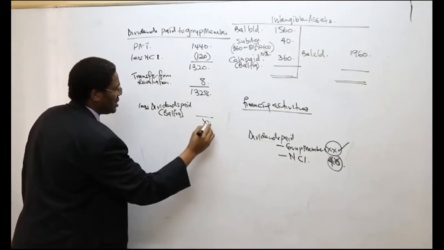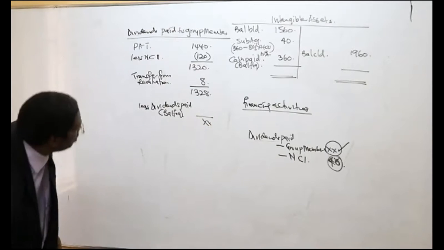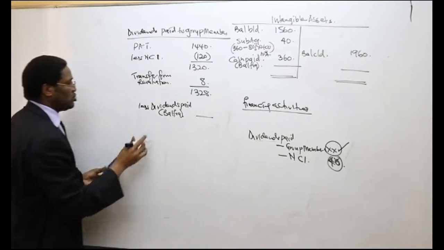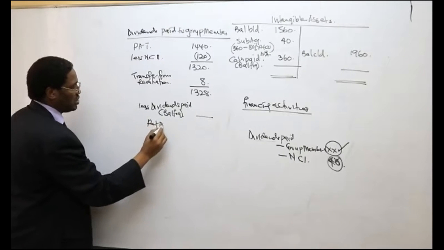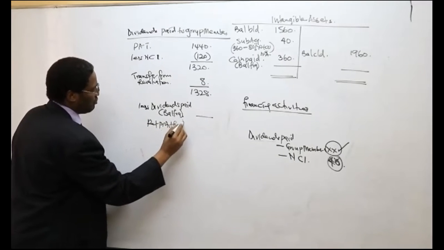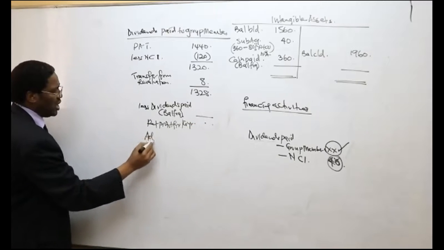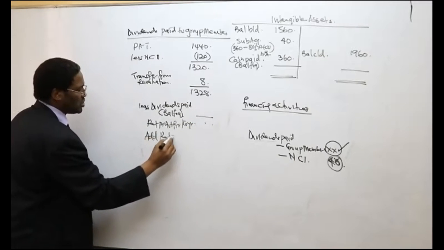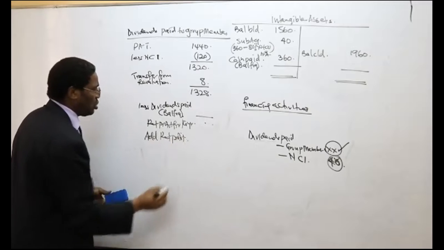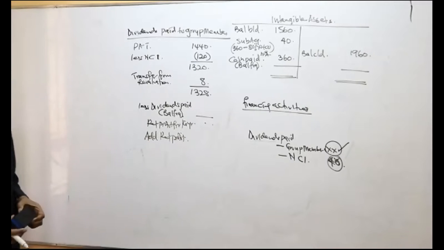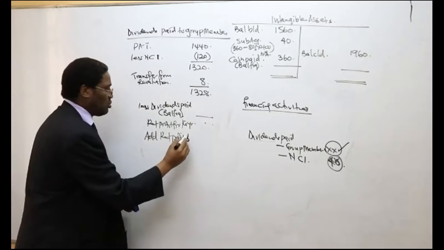Once you minus that, you normally get what we call retained profit for the year, which for now we don't know. Then you normally add what we call retained profit brought down. And of course, the retained profit brought down, where do we get it?